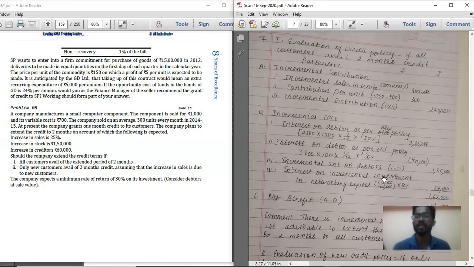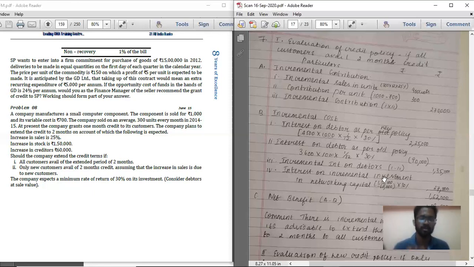That is 2,25,000 minus 90,000. In the outer column record 1,35,000. Now below that small Roman number 4.